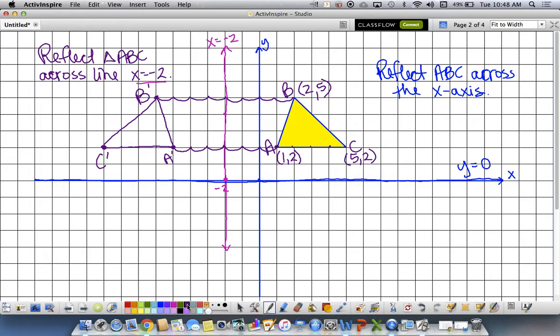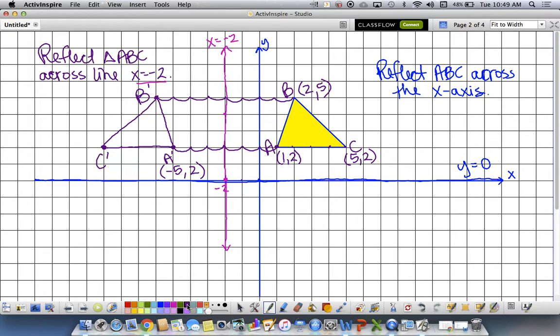Okay, what are the coordinates of the first triangle? A prime, B prime, C prime. A prime is now 1, 2, 3, 4, 5. Just making sure I'm counting right. -5, 2. Correct?